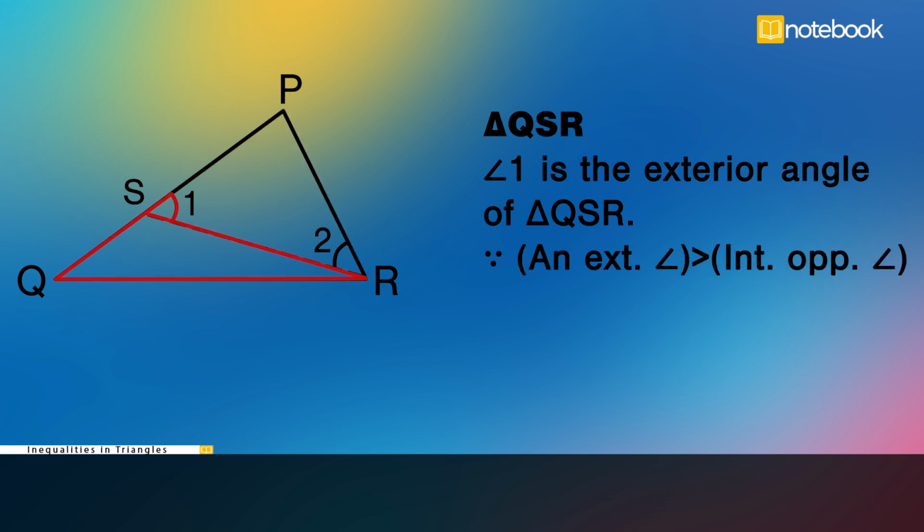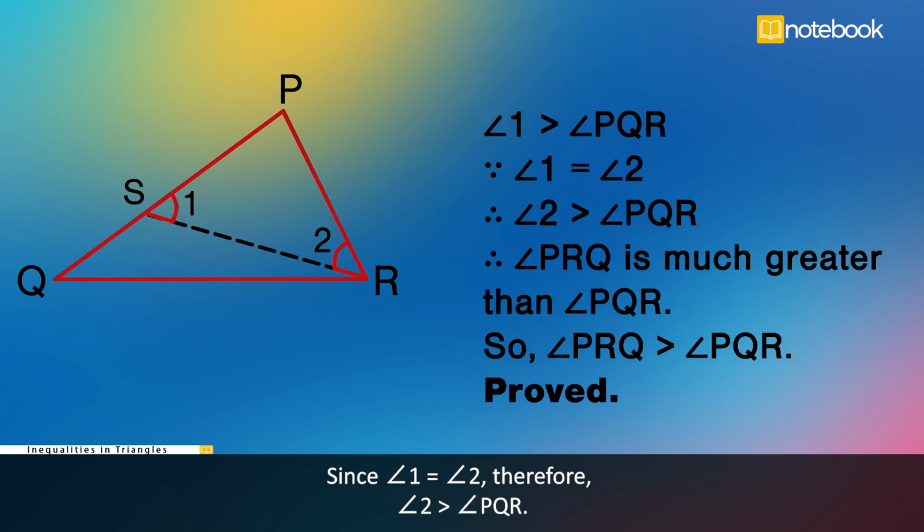Therefore, angle 1 is greater than angle SQR, or we can say that angle 1 is greater than angle PQR. Since angle 1 is equal to angle 2, therefore angle 2 is greater than angle PQR. But angle PRQ is greater than its part angle 2. Therefore, angle PRQ is greater than angle PQR, hence proved.